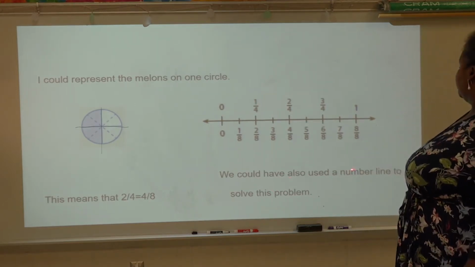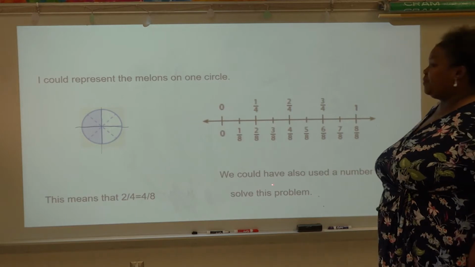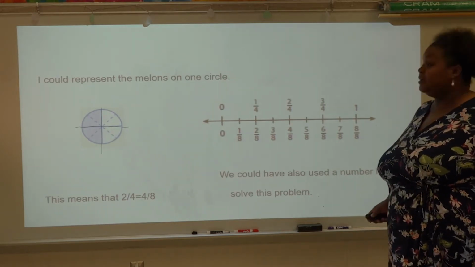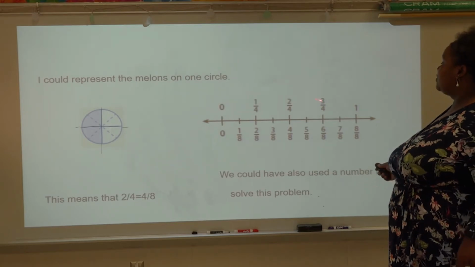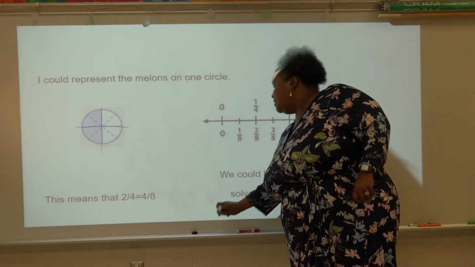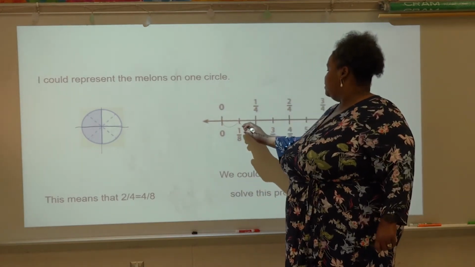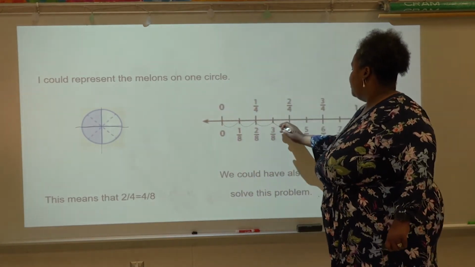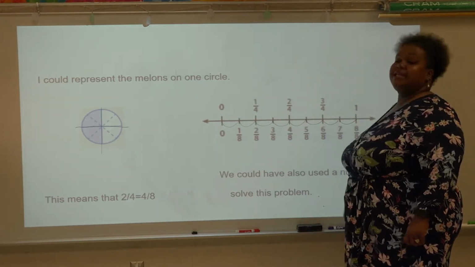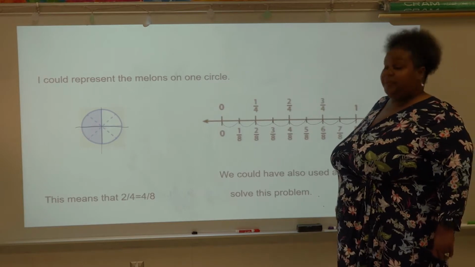We could have also used a number line to solve this problem. And they put their eighths at the bottom. They divided their line and the fourths at the top. Let's check and make sure it's divided into eighths. 1, 2, 3, 4, 5, 6, 7, 8. Yes, it was 8 equal pieces.